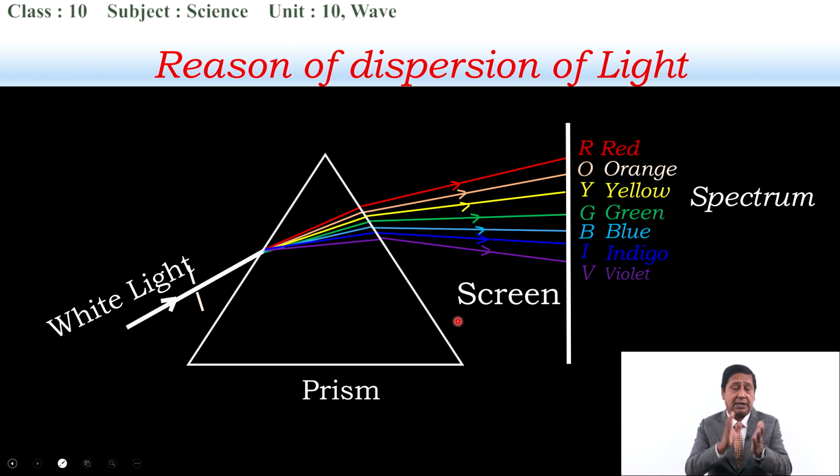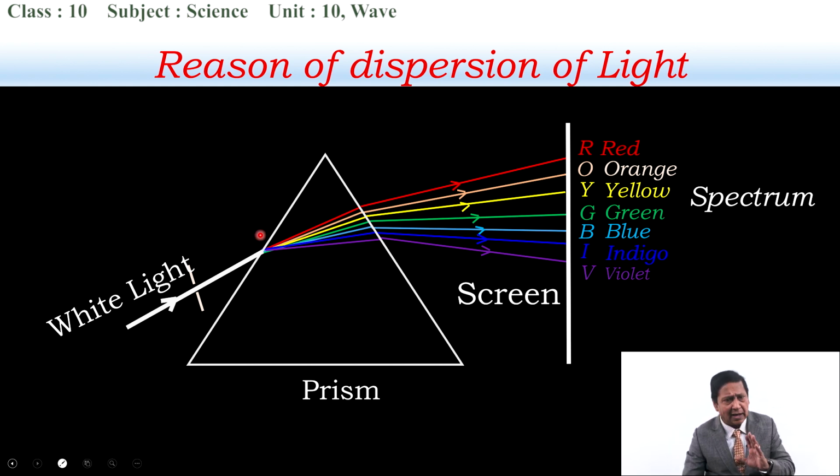If it enters from a rarer to a denser medium, its velocity decreases, and if it enters from a denser to a rarer medium, its velocity increases. Because of this increase and decrease of velocity, light bends in the second medium. The same thing is happening here.